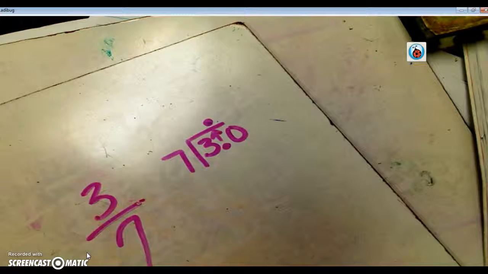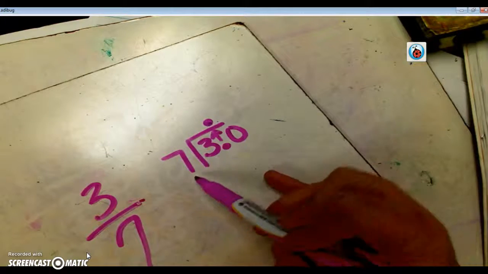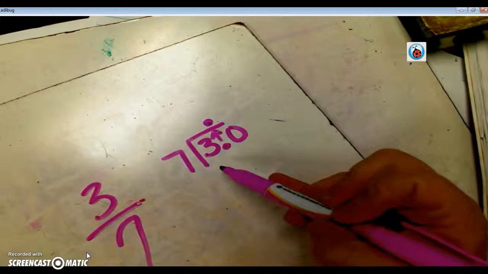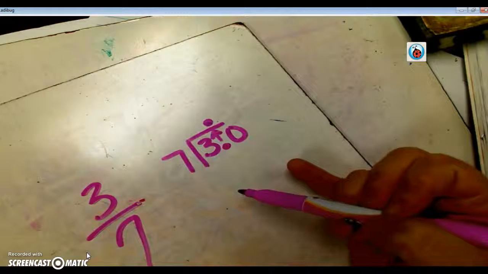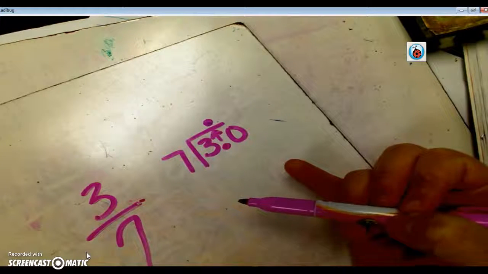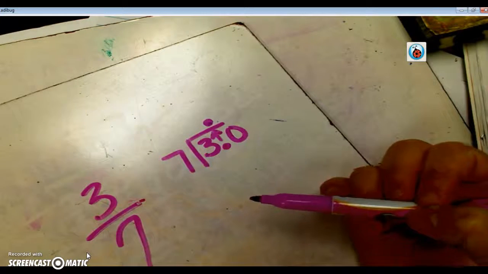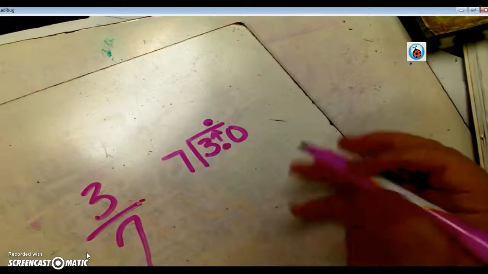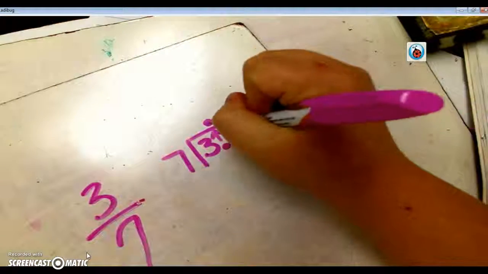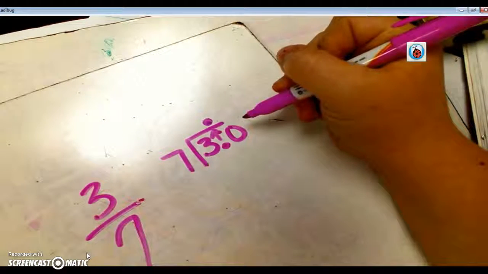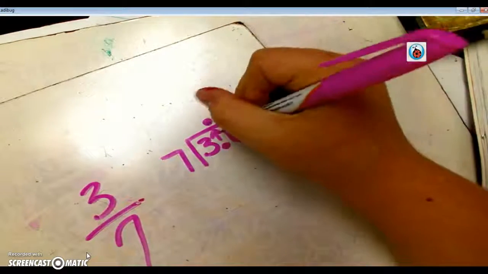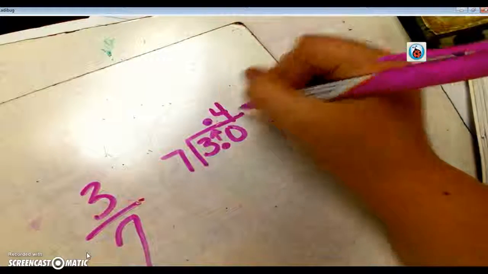Now it's not how many times does 7 go into 3, Gabe. Now it's how many times does 7 go into 30. How close can I get to 30 without going over? 4. So right above the 0 that I just added, that's where my 4 is going to be.